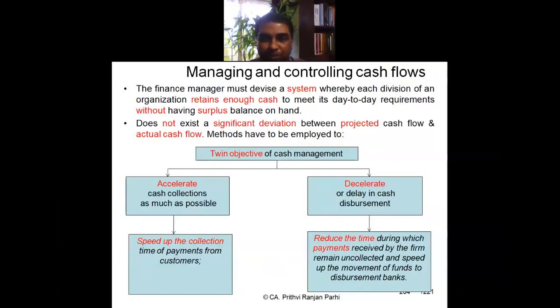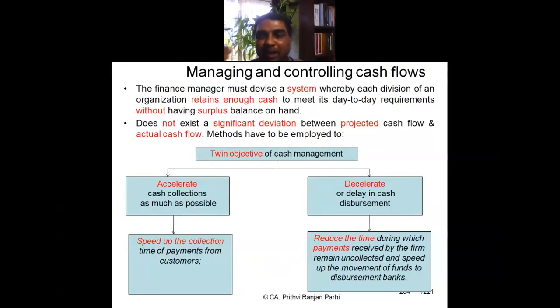If some cash payment is required, we can try to delay the cash payments as much as possible. By doing these two things, we'll be able to manage cash properly. When I say delaying the cash payment, it doesn't mean beyond the allowed time, right?